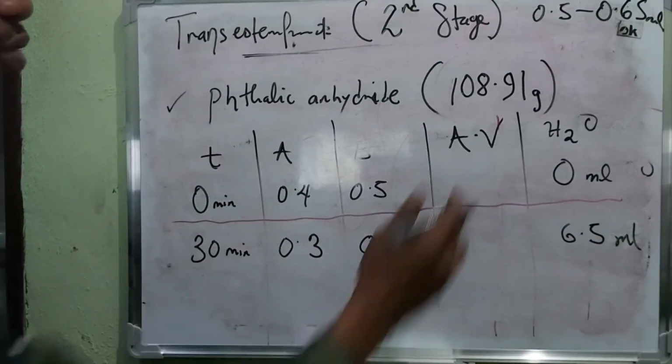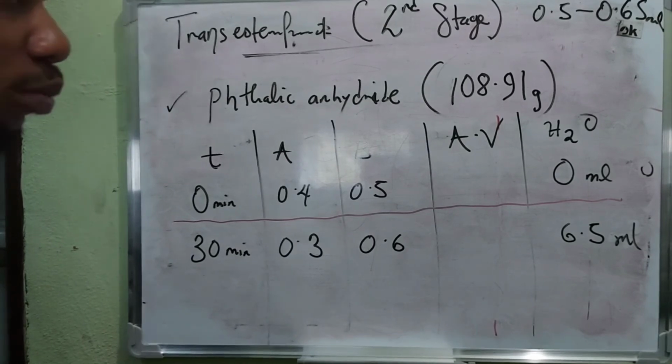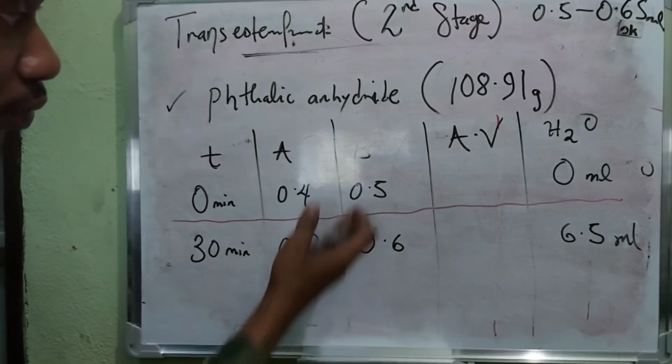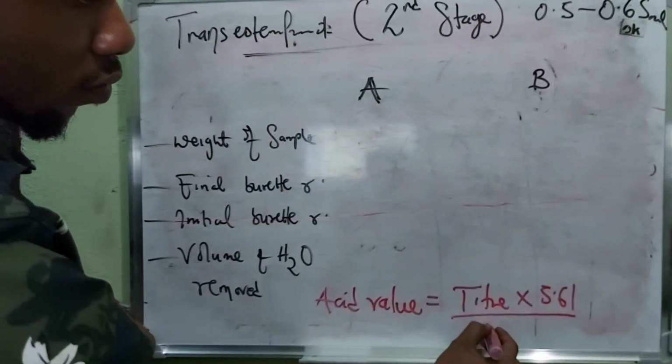But then you have to determine the acid value, and for your titration reading, you put your potassium hydroxide in the burette and titrate it against the acid which you've just collected as an aliquot from the system.